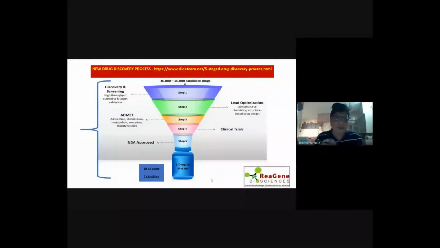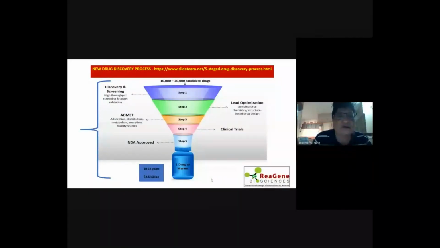From there, we come down to maybe 10,000 to 20,000 candidate compounds, and we do lead optimization with several screens. Finally, we come down to the ADMET properties, drug metabolism, toxicology studies in animals, etc., and then take it into the clinical trials.